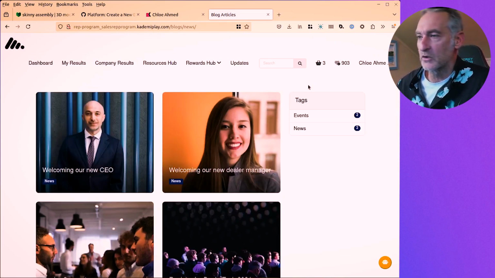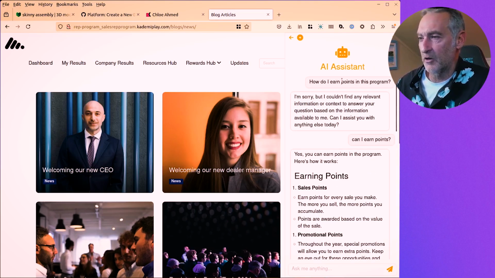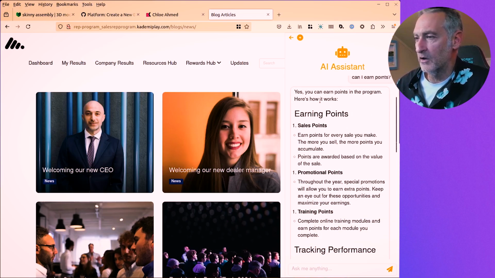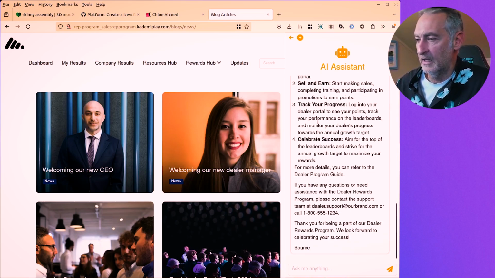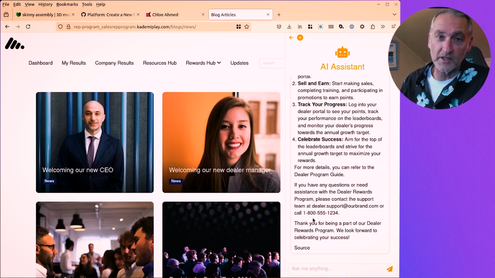Now, within this solution, everything is searchable. How could I forget? A chatbot, right? Everything's got to have a chatbot these days. So what we're seeing here is we previously asked, how do we earn points in the program? And we got all this information here. Now if you load PDFs with specifications and manuals and things, then this is great for your dealers to get access to that information.